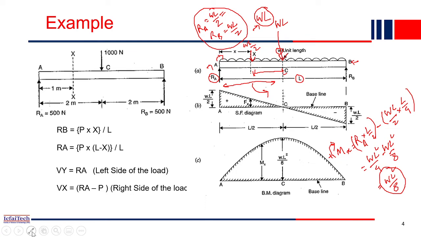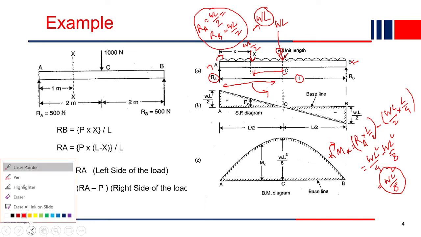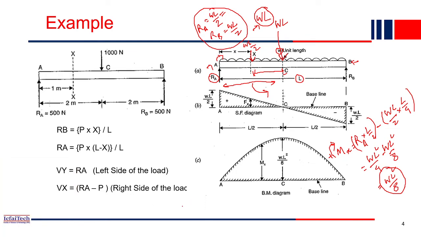Very easy to compute, the same procedure continues. So let me write it here. Mx, at a distance of x, while this was at the center, Mc. Mx will be the reaction Ra into x minus w into x by 2. If you simplify, you get Ra x minus wx square by 2.